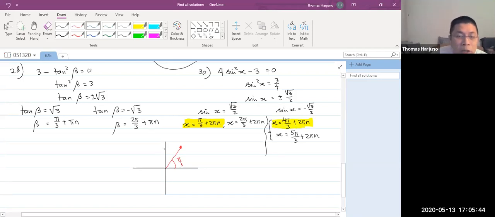That branch is 4 pi over 3 plus 2 pi plus 2 pi plus 2 pi. Now, what I will do, I will condense these two yellow ones, the red and the blue, together, and I will write them as x equals pi over 3 plus pi n.